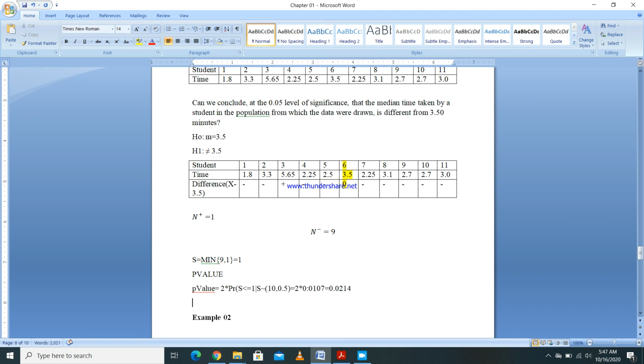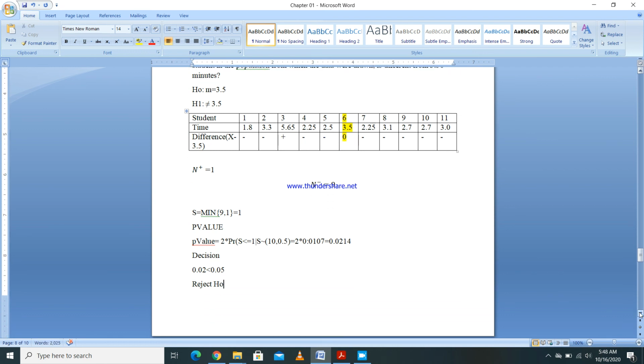So that is the p-value. Now you can take the decision. Since our p-value, approximately 0.02, is less than 0.05, we can reject H naught, right? So the conclusion is, if you are rejecting H naught, the median time taken by a student is not equal to 3.5. So you can write the conclusion as well.